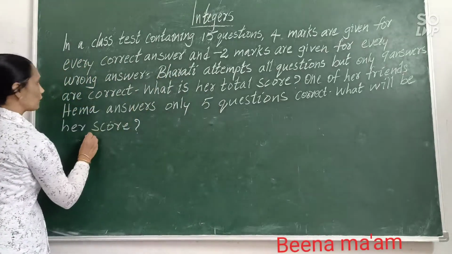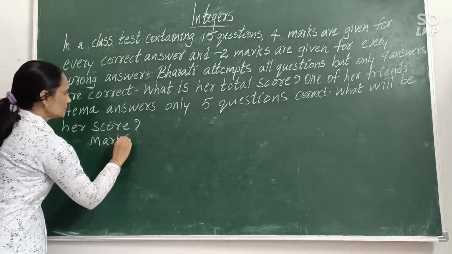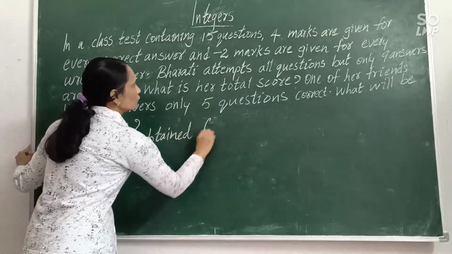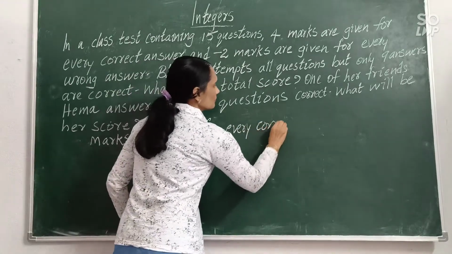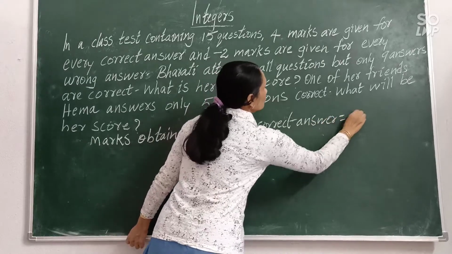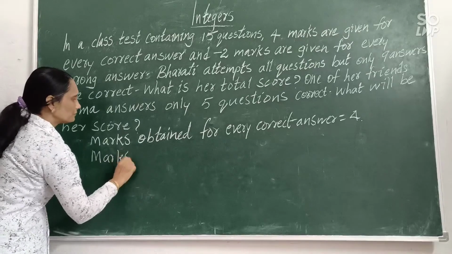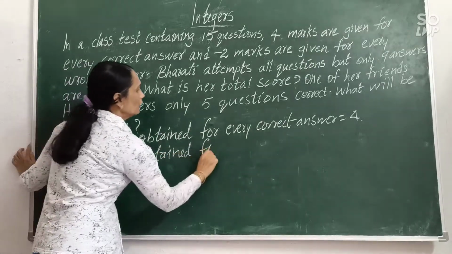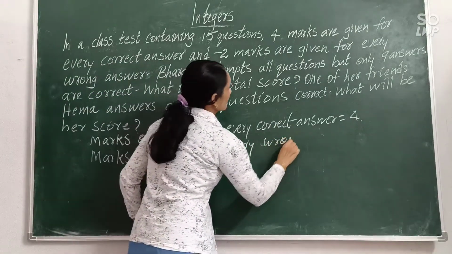Okay, so total number of questions 15, marks obtained for every correct answer equal to 4. Mark obtained for every wrong answer, what is that? -2.